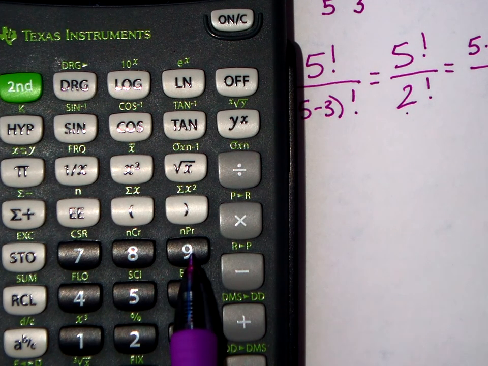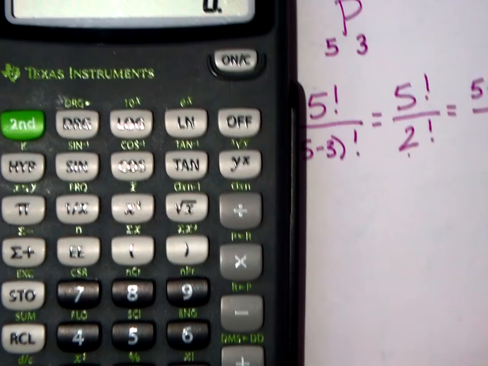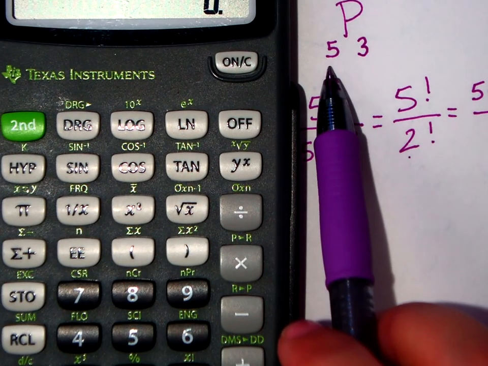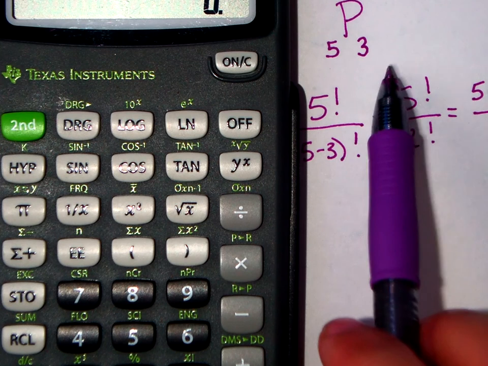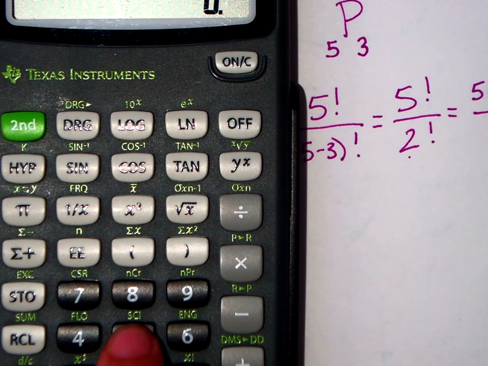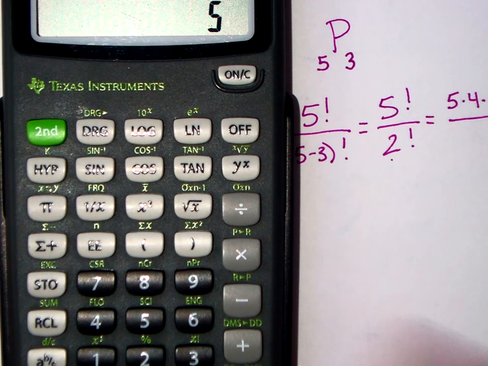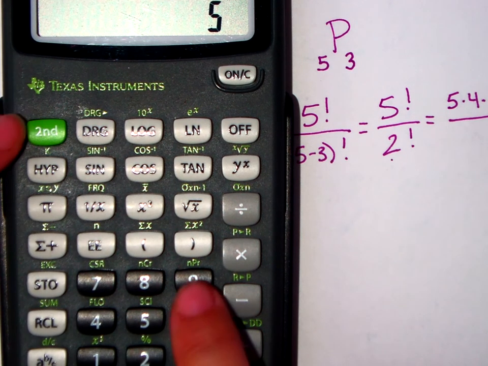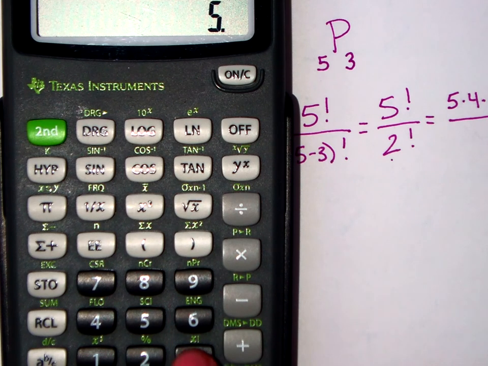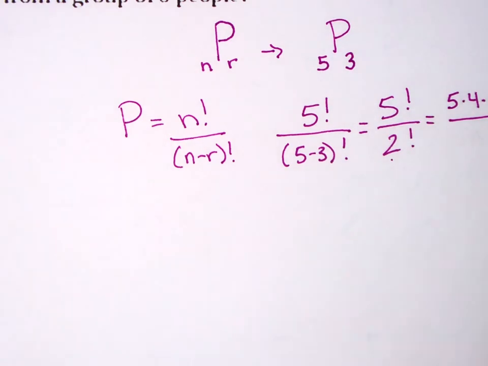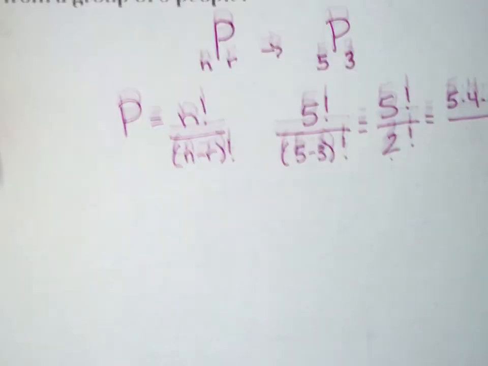So I'm going to look at my permutation, 5 and 3. I'm going to press 5. Then I'm going to go second because I want my green option. So second, the number 9, and then I'm going to hit 3. And I get 60. So you can do it on your calculator as well.